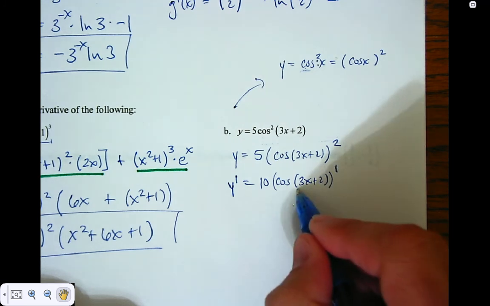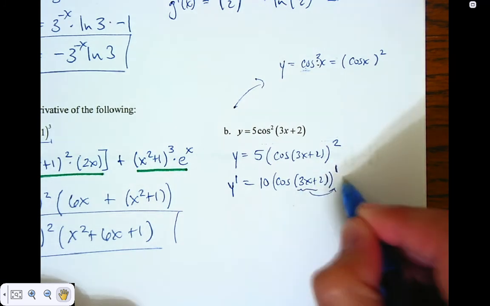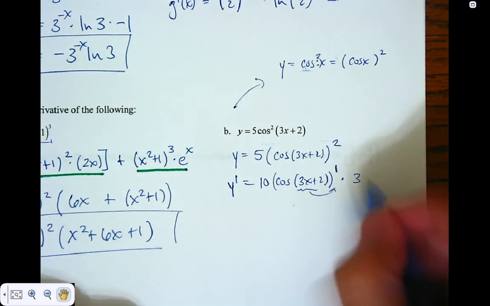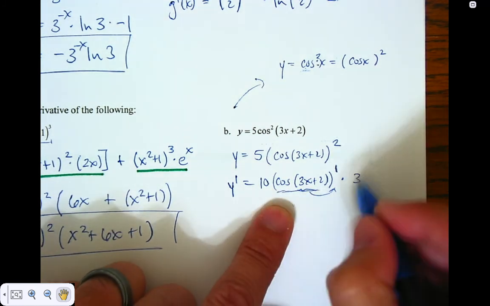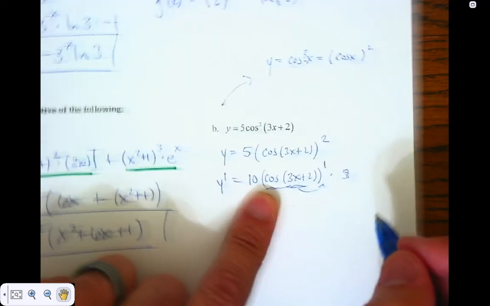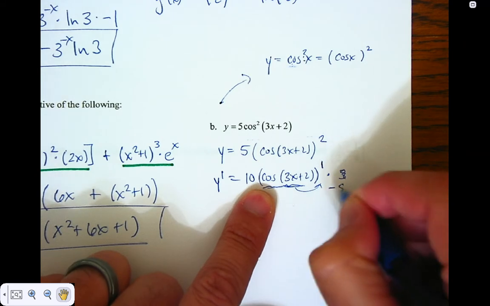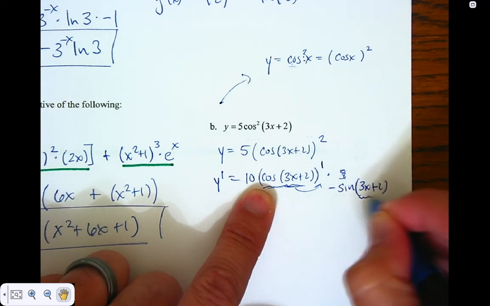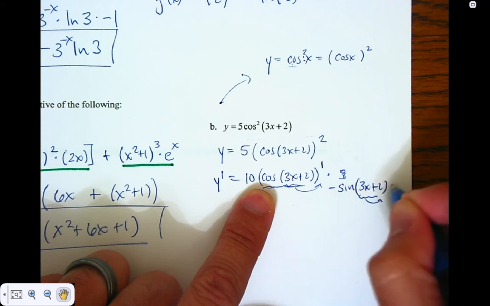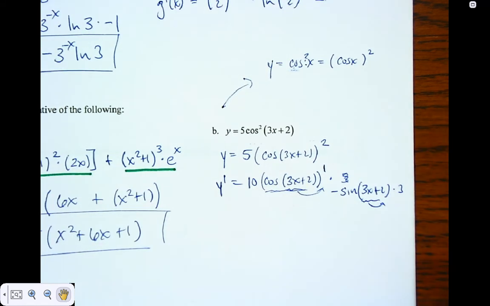But then don't forget derivative of the inside times the derivative of all of this stuff. Okay, so let's do that. The derivative of cosine would be negative sine of this stuff. And then we never took the derivative of that, so that is times 3.